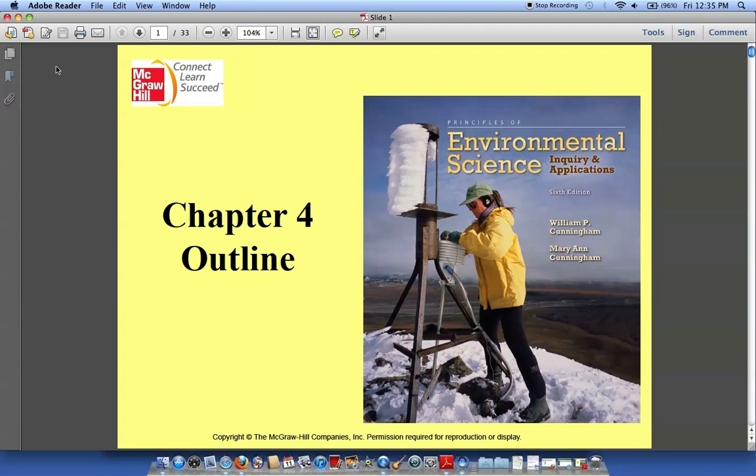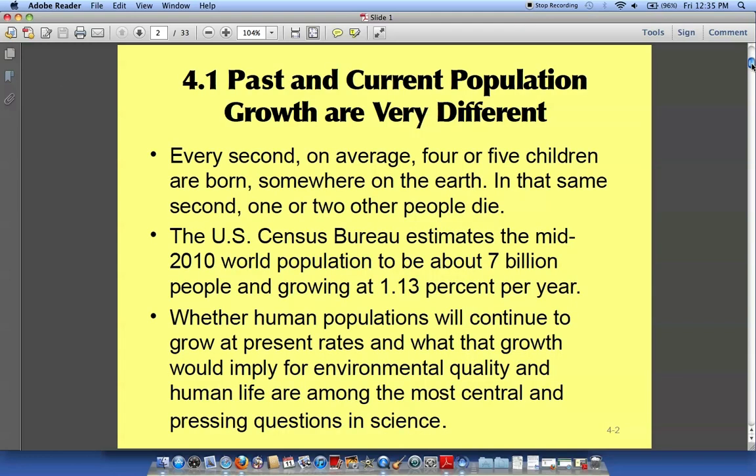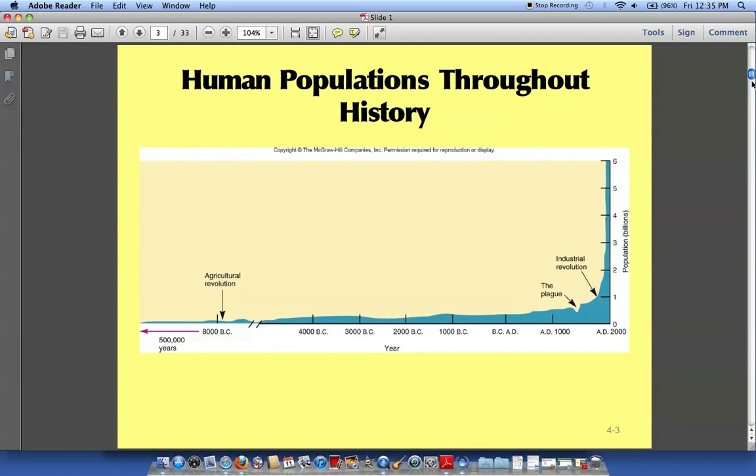Today we're going to speak about human populations in Chapter 4 here. Basically, the chapter will go through various types of population growth throughout the history of human populations.